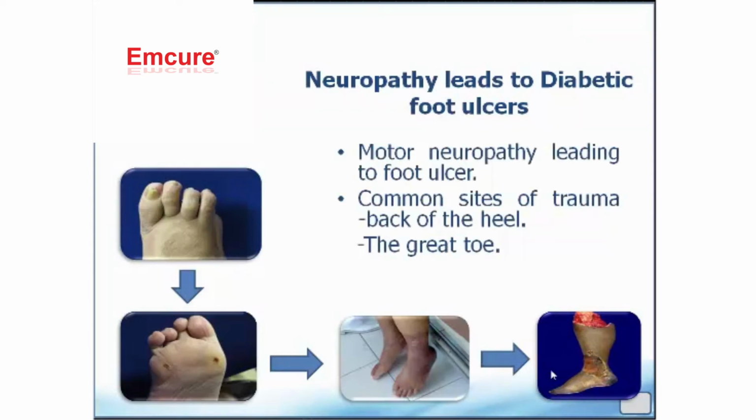So it's a motor neuropathy leading to foot ulcers, and the common sites of trauma are the back of the heel, which touches the ground, or the great toe. As you can see in this picture, the great toe is getting affected.